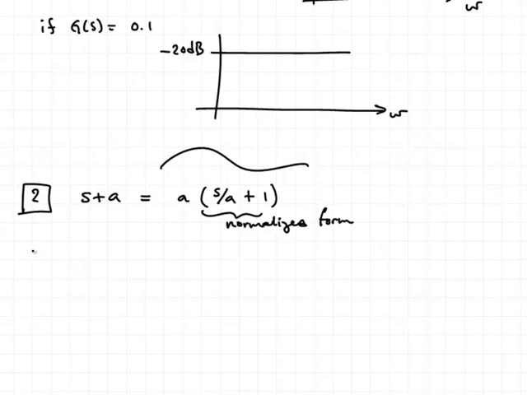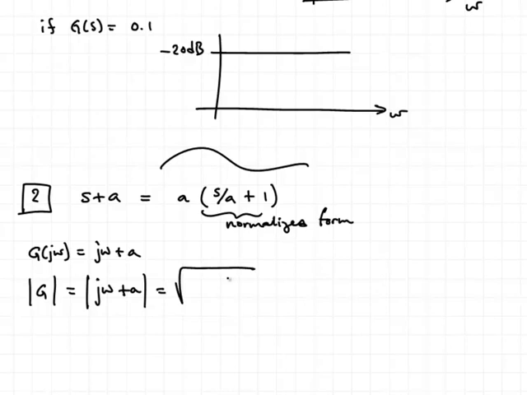So let's say that g of j omega is equal to j omega plus a. What is the magnitude of this? Well, the magnitude, and I'm going to be short about this, I should write g of j omega, but I'm leaving it off, it's implied from the context, is going to be the magnitude of j omega plus a. What are we doing?